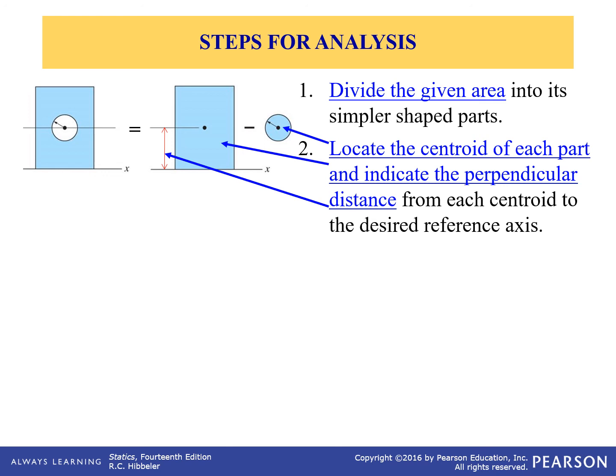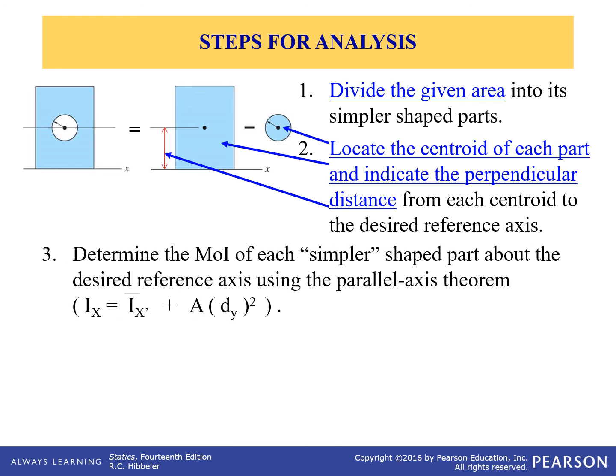You're going to locate the centroid for each of these, and you're going to look at the perpendicular distance from each centroid to the desired reference axis. You see in this particular case, the centroids for both of them are going to be in the same spot: rectangle in the middle, circle in the middle. And you can see that distance, that red distance there from the x-axis, which happens to be the thing the box is sitting on.